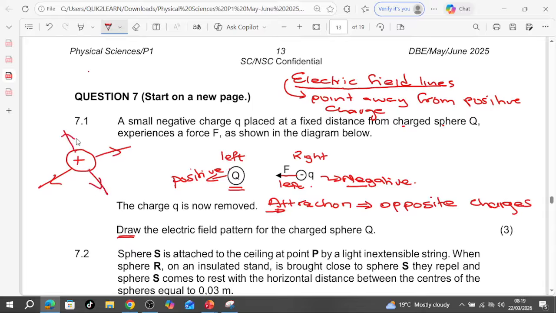Give them this drawing, you'll definitely get your 3 marks. Maybe there will be a mark for saying Q is positive.